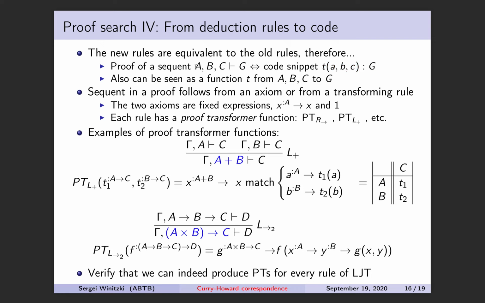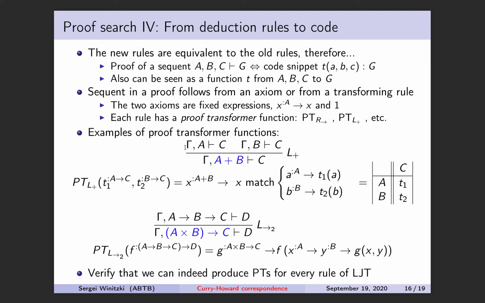So that's the premise. But from a programmer's point of view, it is more convenient to see this as a function from ABC to G. And so then each sequent corresponds to a function, and each rule corresponds to transforming one function into another, or one or more functions.